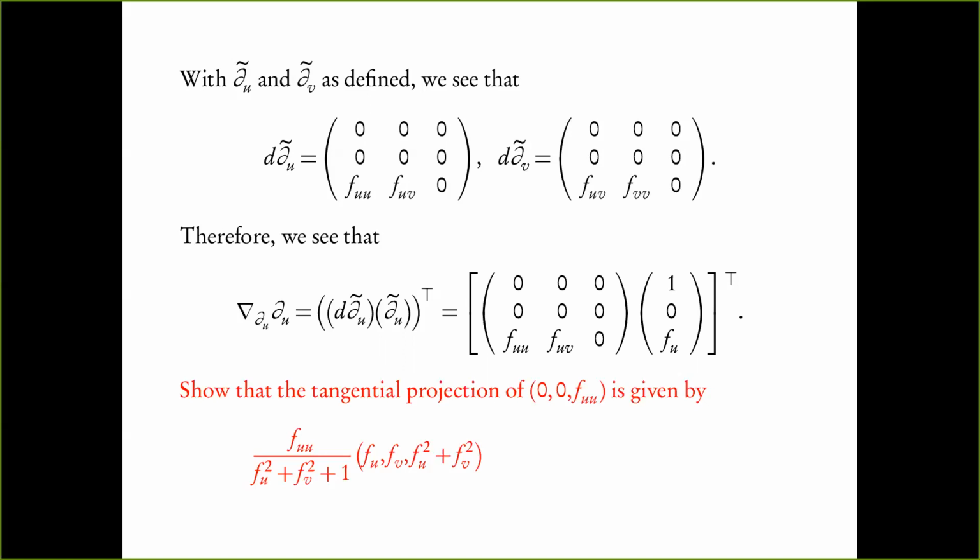Well, a tempting answer would be to say that you simply compute the dot product with del u, the dot product with del v, and then subtract off certain components. The catch here is that del u and del v are not orthogonal vectors. So they are not of length 1, which is not that big an issue, but they're not perpendicular either. So you have to do quite a bit of computation to compute the tangential projection that way.